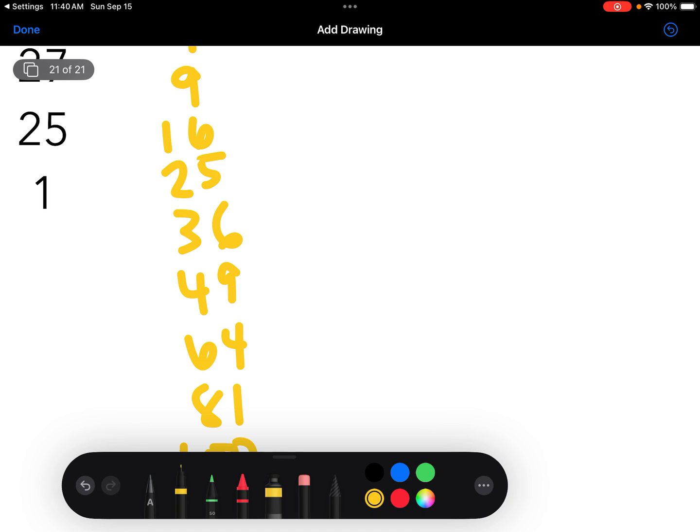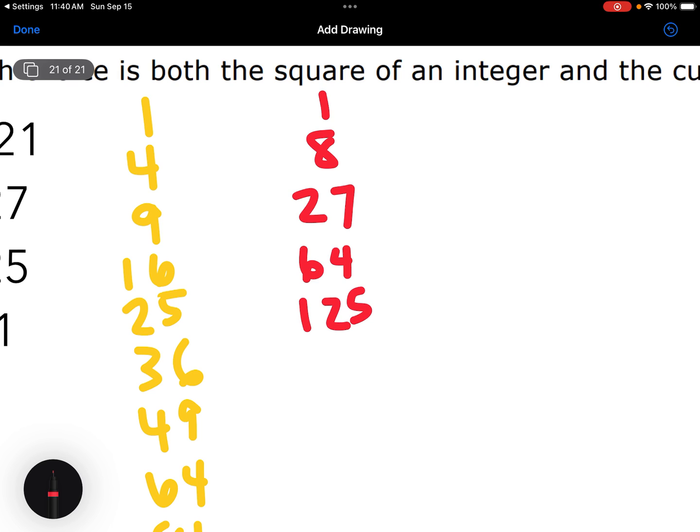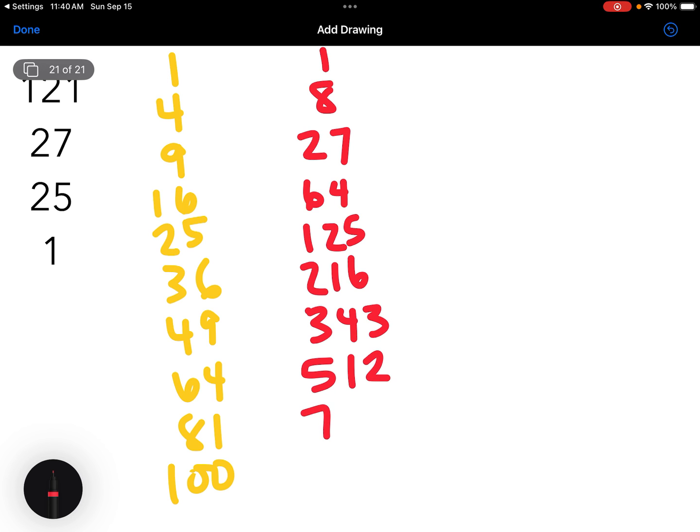And then your perfect cubes are 1, 8, 27, 64, 125, 216, 343, 512, 729, and 1,000.